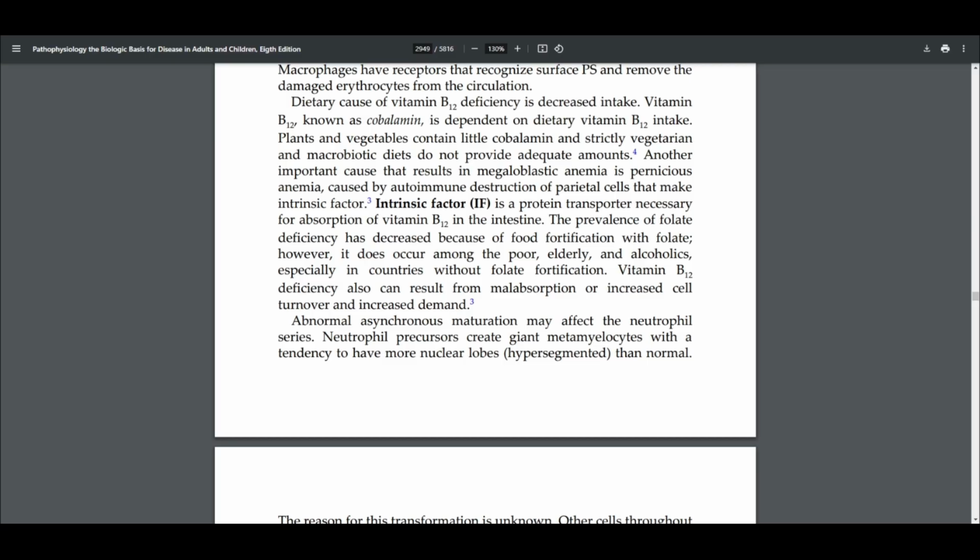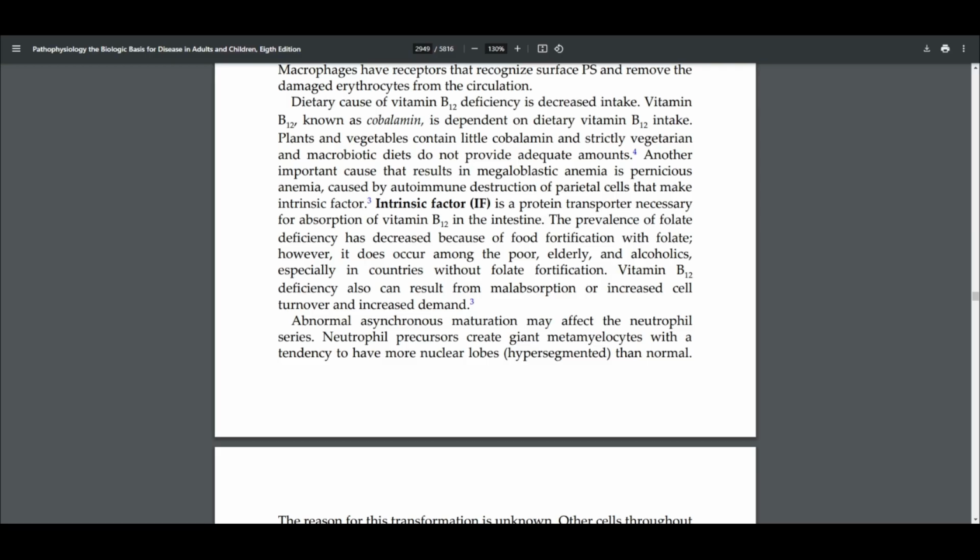Another important cause that results in megaloblastic anemia is pernicious anemia, caused by an autoimmune destruction of parietal cells that make the intrinsic factor. Intrinsic factor, or IF, is a protein transporter necessary for the absorption of vitamin B12 in the intestines.